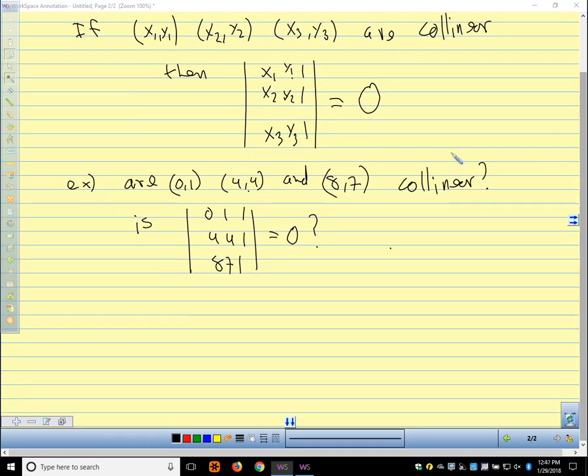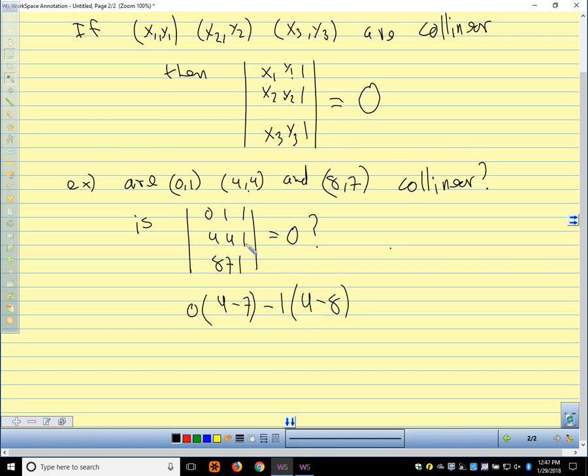Well, let's figure it out. For a 3 by 3 determinant, remember we go plus, minus, plus. So it's 0 times, cross out that column and that row, 4 minus 7. Minus, it's always minus the second one, 1 times, cross out that row and the second column, and I get 4 minus 8.